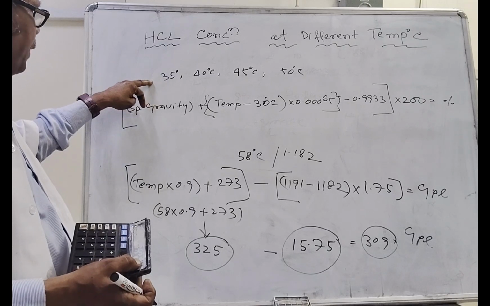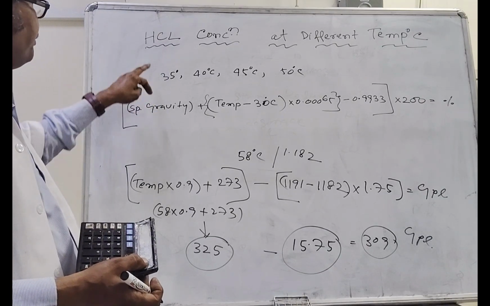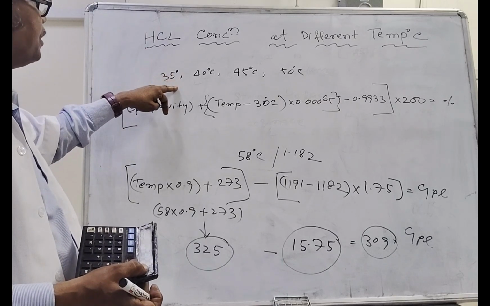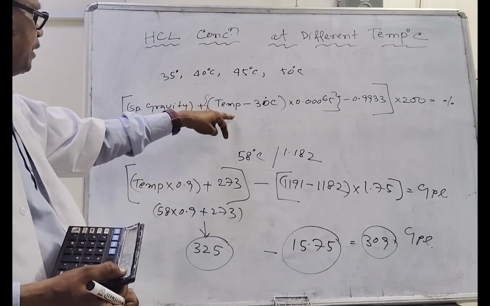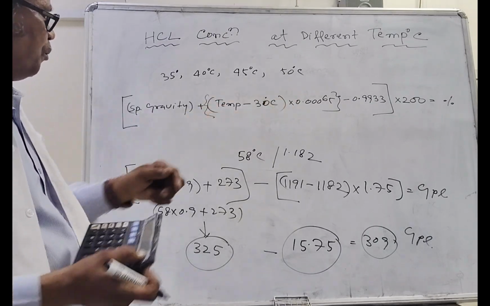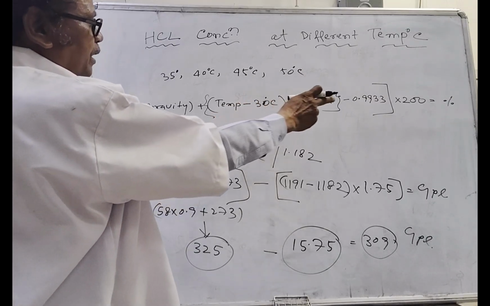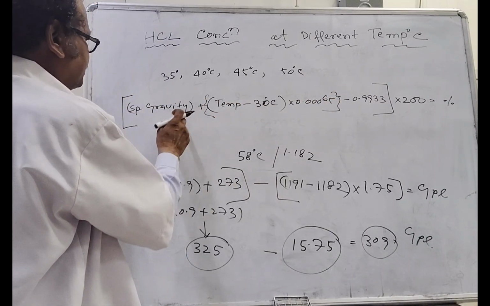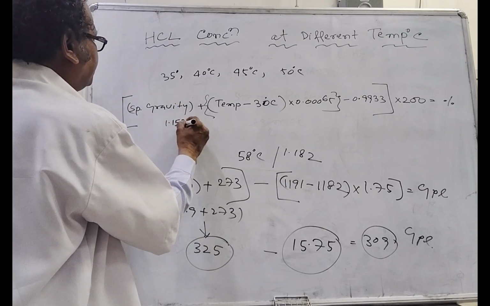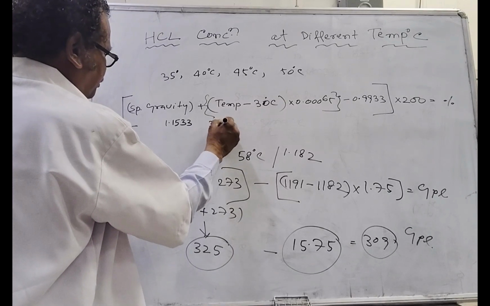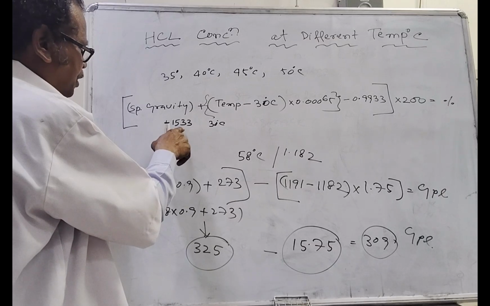It is a good formula to find the percentage of the HCl at a different temperature. But first we have to take density and temperature, then we can calculate. For example, at 30 degree, the density is 1.1533. But we do not know the percentage.